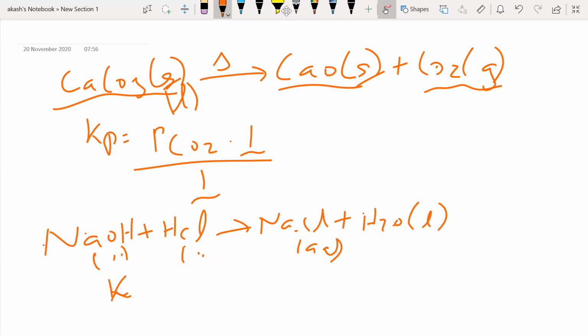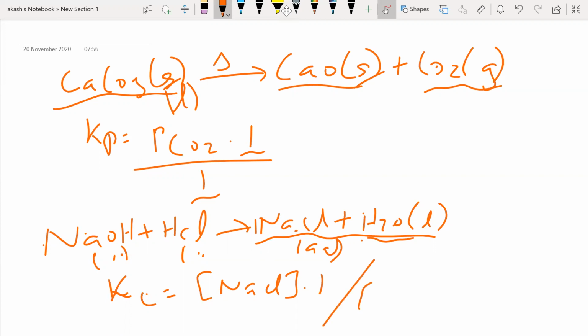If I write Kc for this, how will I write it? First the products: the concentration of NaCl, to the power of the stoichiometric coefficient, which is 1, so no issues. Into, now again, H2O is a liquid, so 1, divided by the concentration of NaOH into the concentration of HCl.